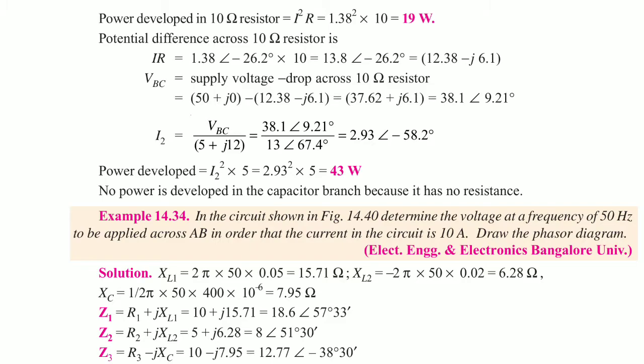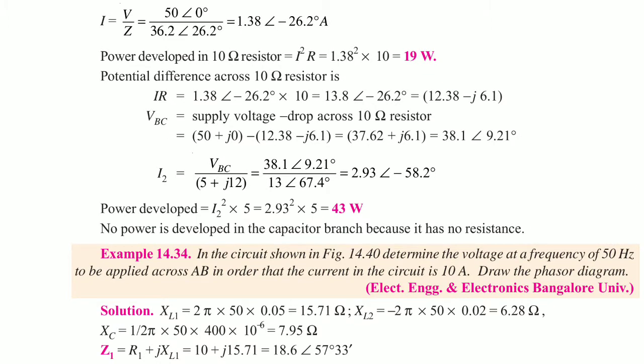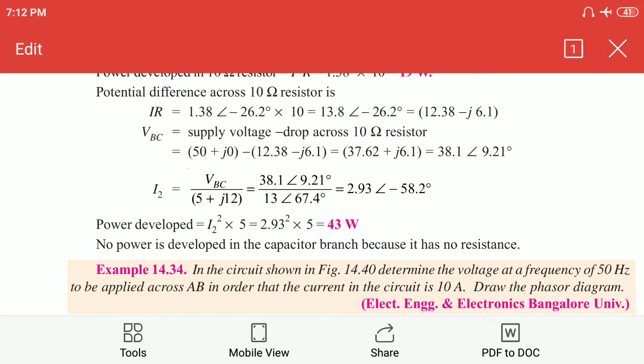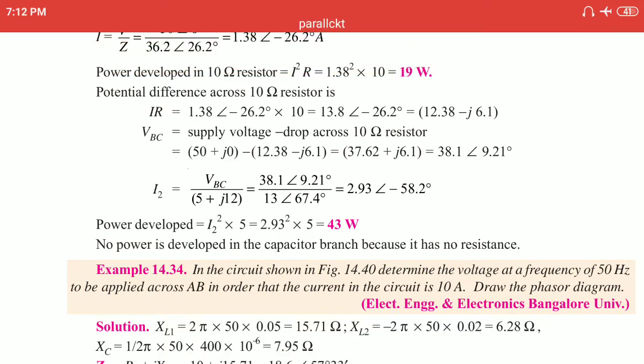So the current in branch 2, I2, is the branch voltage VBC divided by the impedance Z2, that is 38.1 angle of 9.21 divided by 13 angle of 67.4 degrees, which equals 2.93 angle of minus 58.2 degrees.